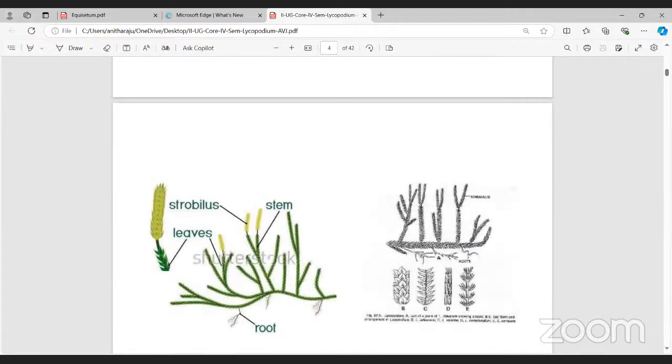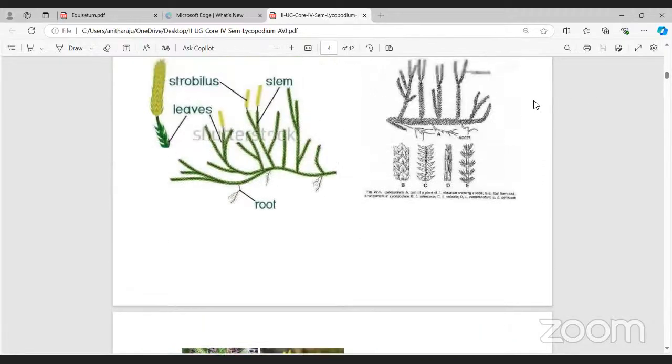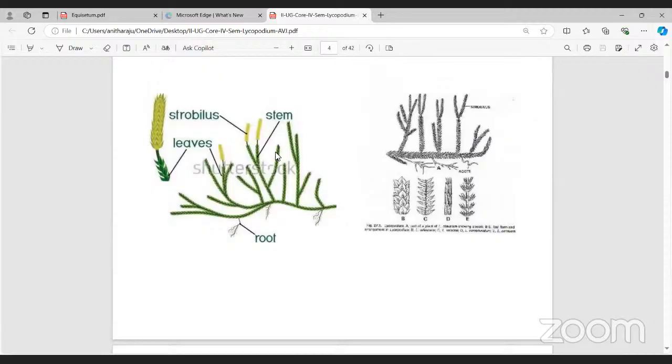Now, if you see the Lycopodium structure, yesterday we discussed this Lycopodium specimen.